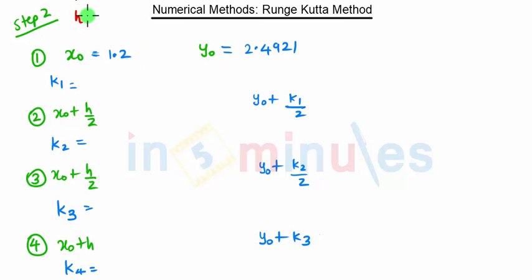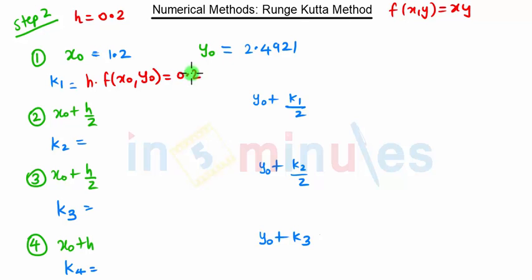Our h is 0.2 and our f of x comma y is again x into y. So our k1 will be h into f of x0 comma y0. H is 0.2. When we put x0 and y0 here, we will get 1.2 into 2.4921. So this value, if we calculate, we get 0.5981.